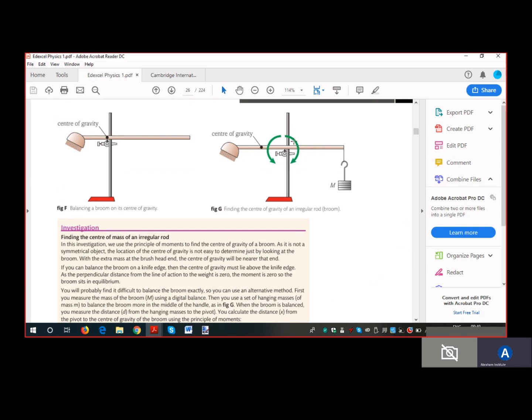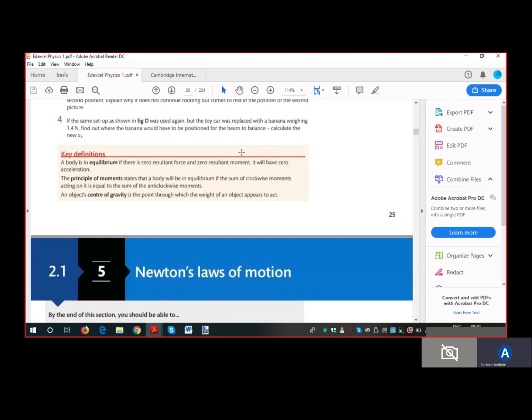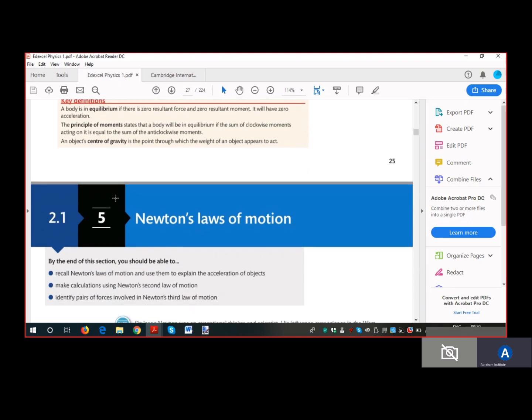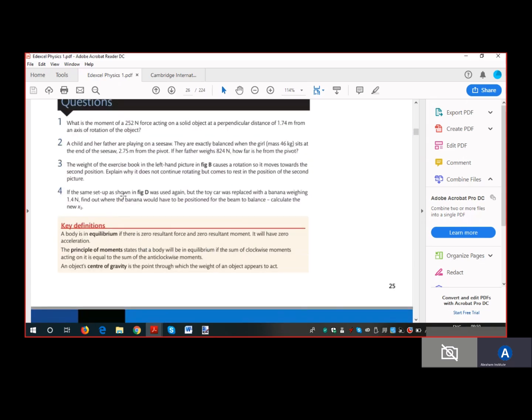So the sum of clockwise moments should be equal to the sum of anti-clockwise moments about the same point if an object is in equilibrium. Remember those four definitions: definition for moment, definition for equilibrium, principle of moments, and center of gravity. Four things to remember. That is the end of moments.